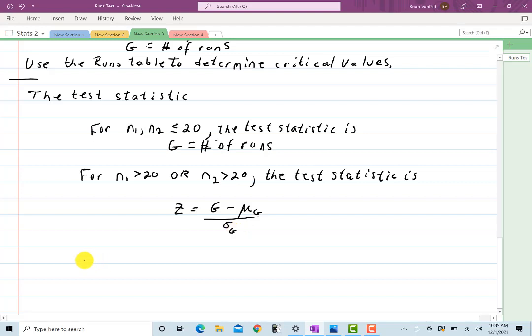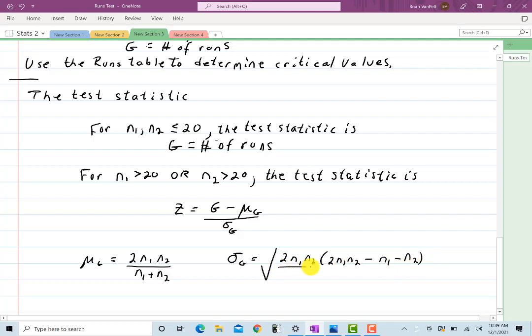Our mu sub g equals 2n1 n2 all over n1 plus n2, and our sigma sub g equals the square root of 2n1 n2 times 2n1 n2 minus n1 minus n2.